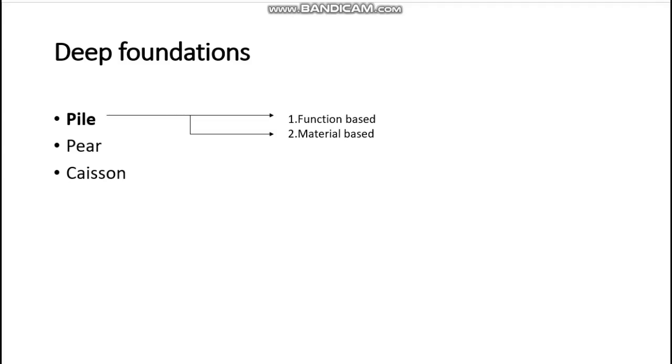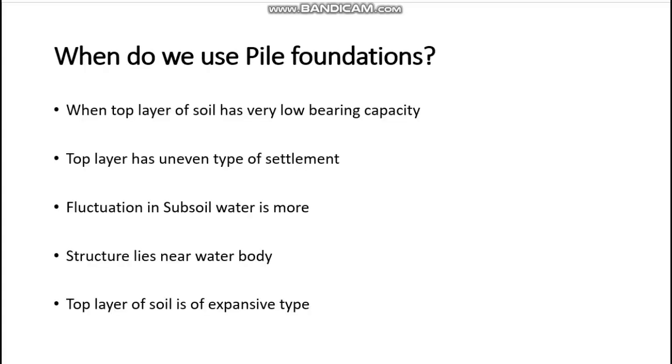If we try to classify pile foundations, they are majorly classified according to their function and according to the material from which they are formed. Where are pile foundations applied? Majorly when the top layer of the soil has very low bearing capacity, there is a need for pile foundations. Also when the top layer has uneven settlement across the site area.